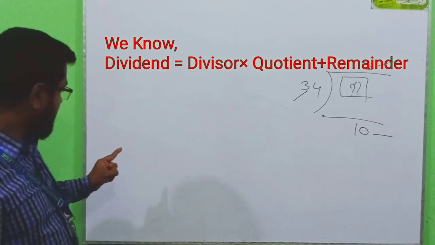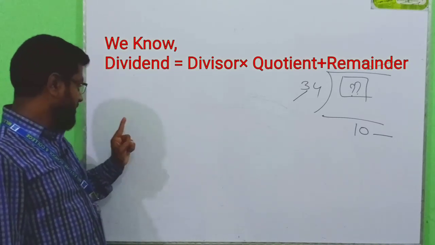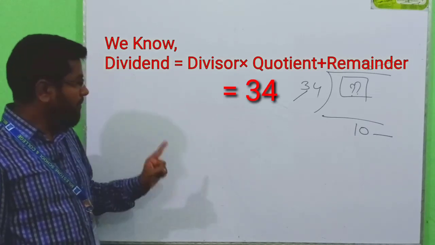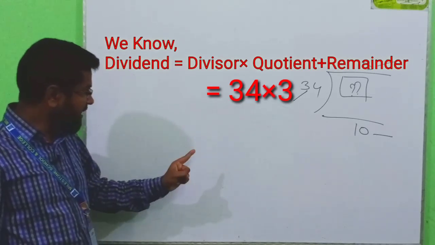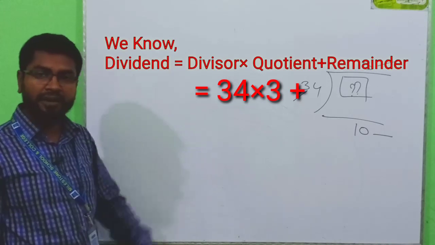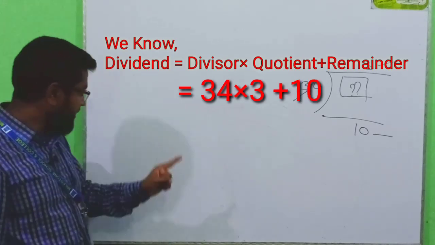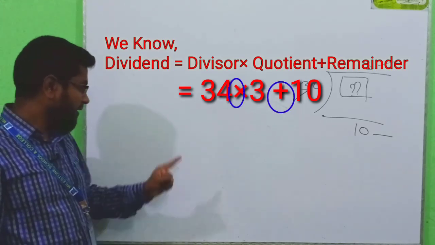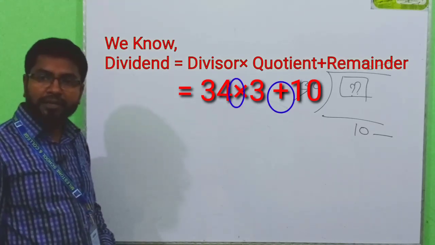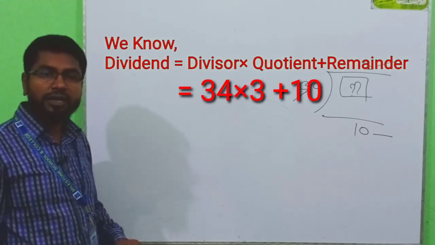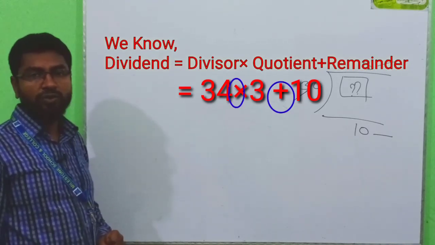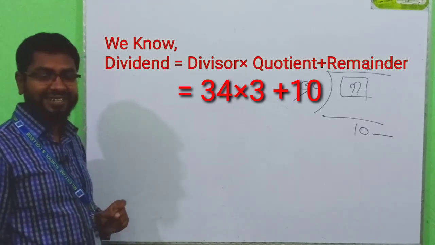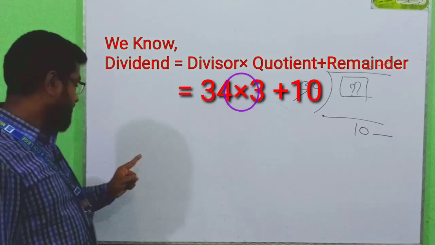So next line, divisor is what? 34. 34 multiply quotient is 3 plus remainder. In this sentence there are 2 operations. One is multiply, another is plus or addition. So by the rules we have to do multiplication first. So multiply this part.